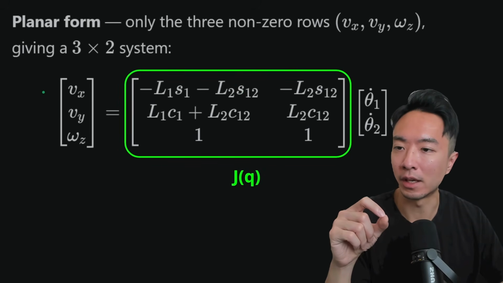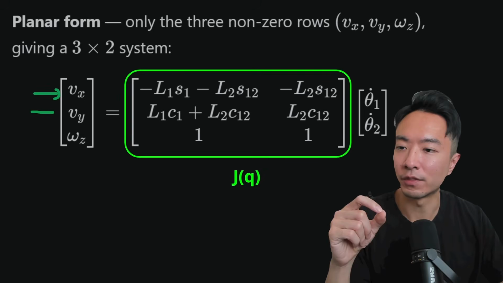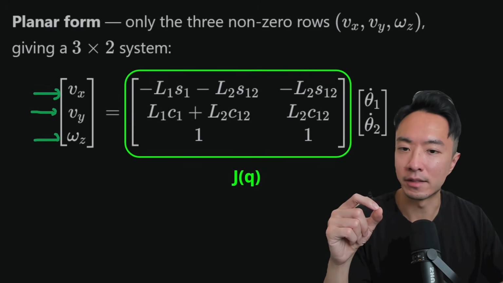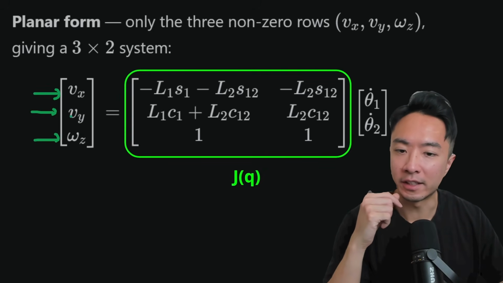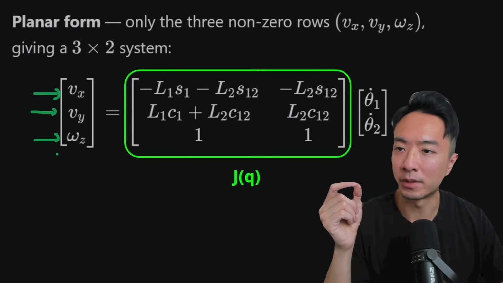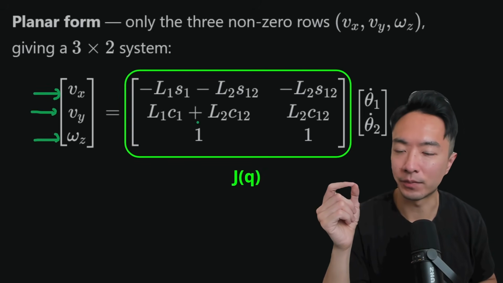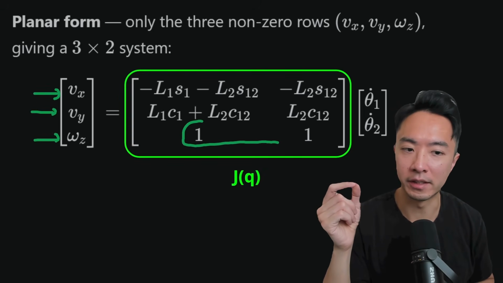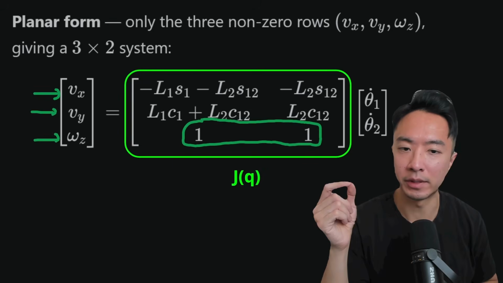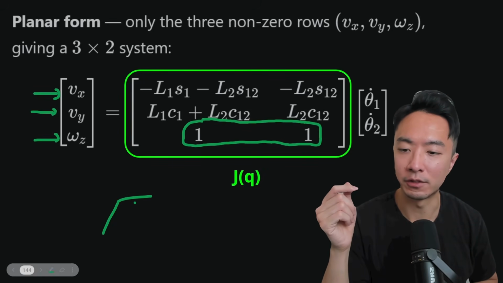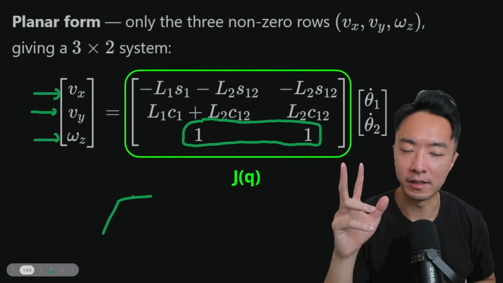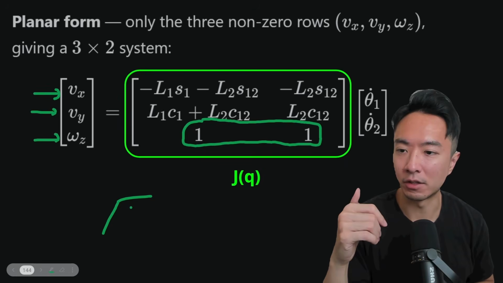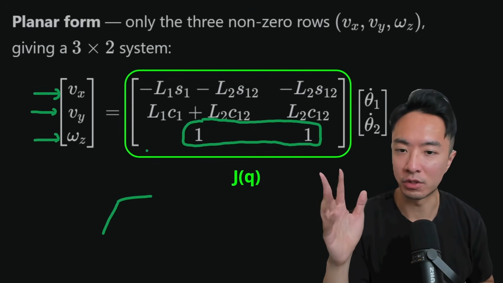So you can see we have Vx, Vy, and omega z, right? So if we take a look at some of the physical interpretation, you could see that this right here is our omegas. And because it's a planar robot, right, we have 2 degrees of freedom. We see that the joints are all in the z-axis, which makes sense.